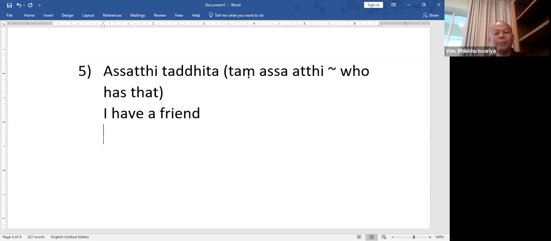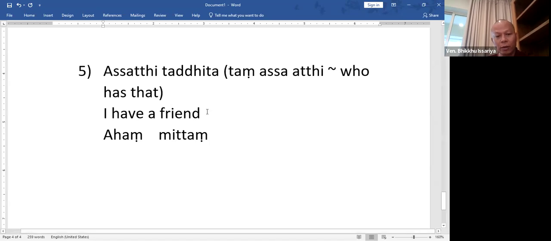Maybe there is an object here, but there is no word for have in Pali. So that is fine. Instead of saying like that, in Pali, we say it to equal that sense.